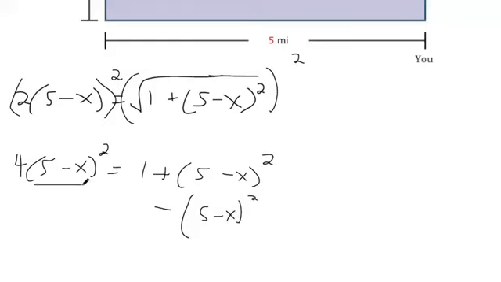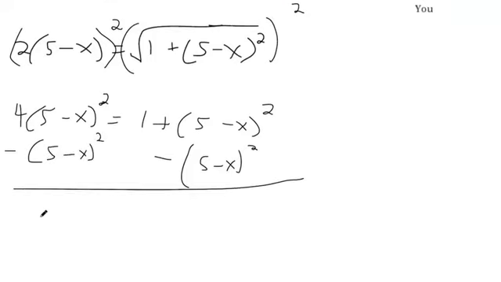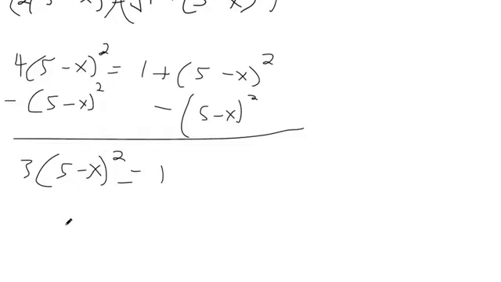There's 4 5 minus x squared over here. There's 1 5 minus x squared over here. So that gives us 3 parentheses 5 minus x squared on the left side. So if I'm trying to get x by itself, I'm going to divide that 3 from both sides.